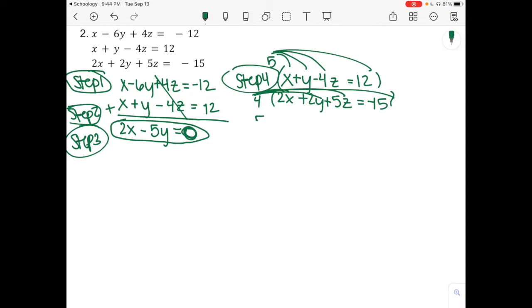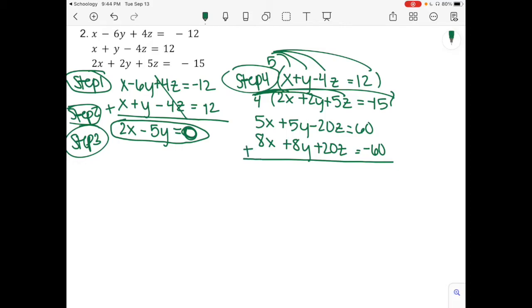So 5x plus 5y minus 20z equals 12 times 5, which is 60. And then the other one is 8x plus 8y plus 20z equals negative 60. So let's add down.